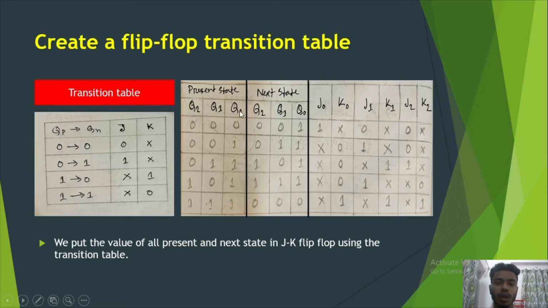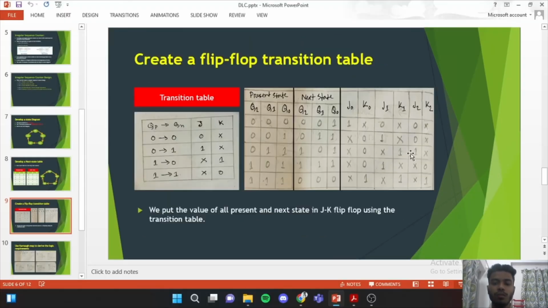When the present state of Q0 is 1 and the next state of Q0 is 1, from the transition table we can see that the value of J0 will be don't care and the value of K0 will be 0. Like that we have to find out every value of J0, K0, J1, K1, J2, K2 to draw the Karnaugh map. Thank you.